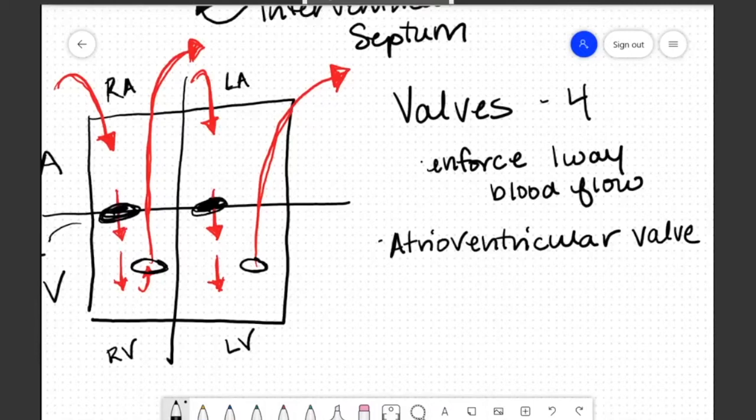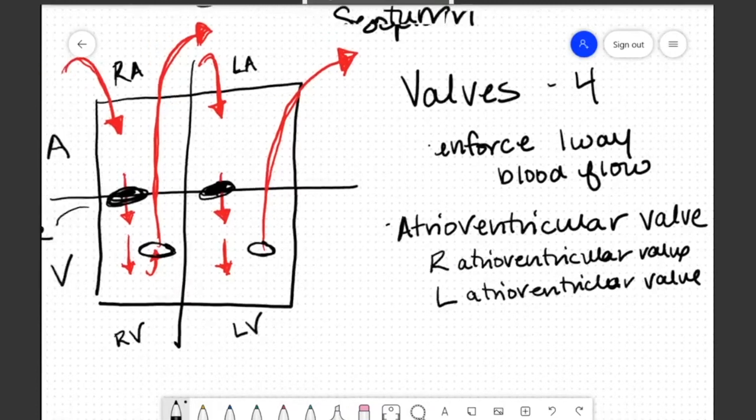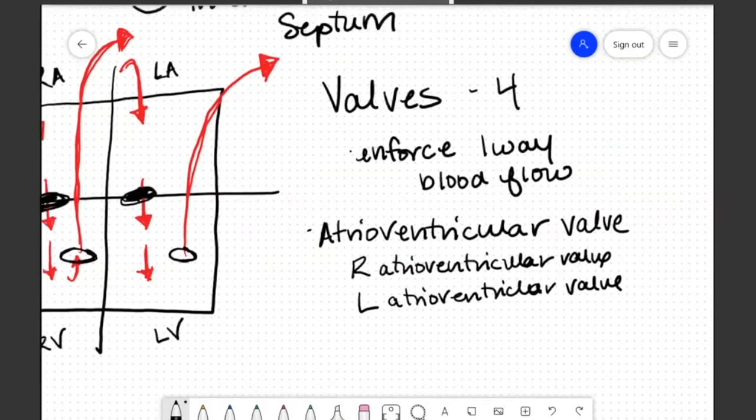So you will have a right atrioventricular valve and a left atrioventricular valve. So you have a right and you have a left. So there are 2 of those. Shorthand is going to be AV valve, right AV valve, and left AV valve.